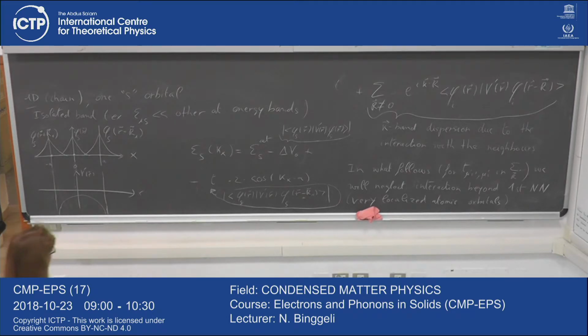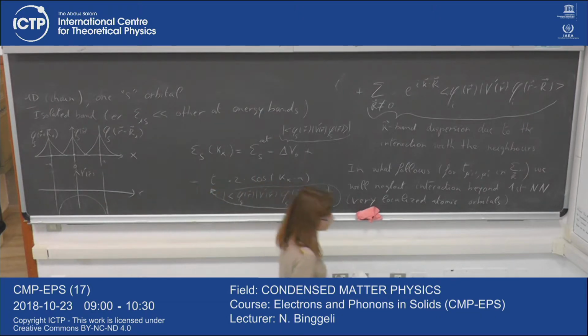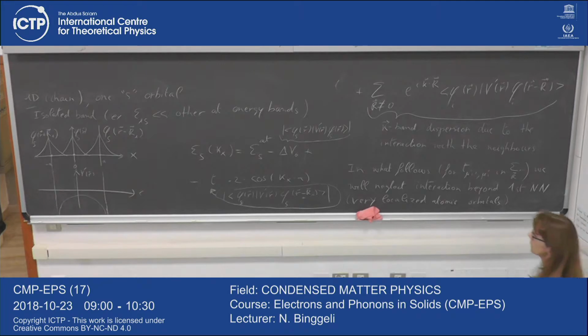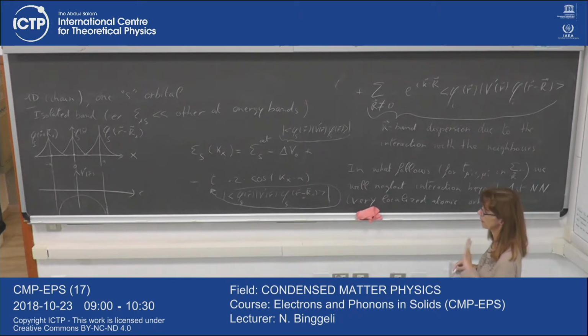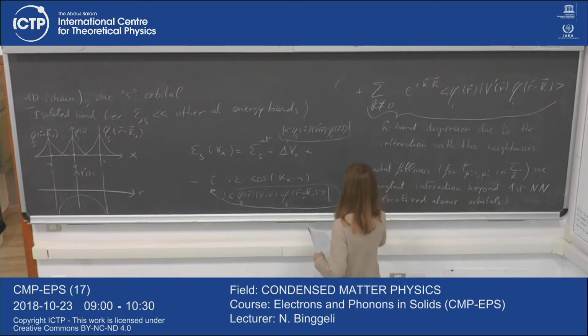Okay, so this is the result in one dimension for the case of an isolated band in the tight binding approach. So now let's plot this.